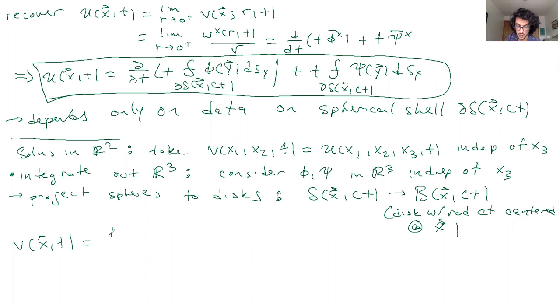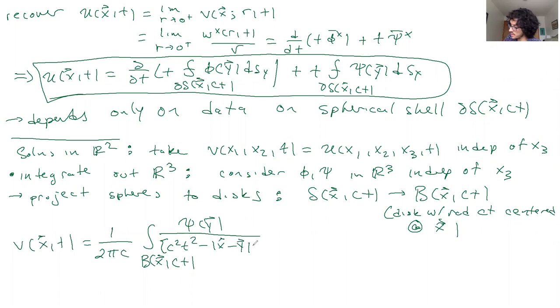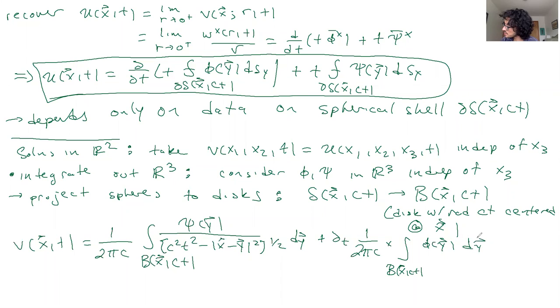This is equal to 1 over 2 pi c, the integral over B(x, ct) of psi(y) divided by (c squared t squared minus |x minus y|squared) to the 1/2, integrated over y, plus d/dt of 1 over 2 pi c times the integral over B(x, ct) of phi(y) dy divided by (c squared t squared minus |x minus y|squared) to the 1/2.